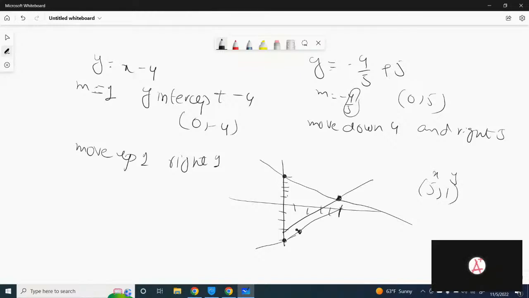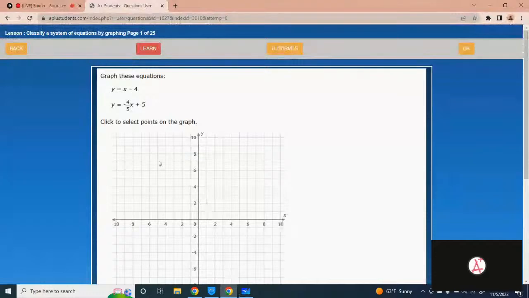Got it? So the solution is x is 5, y is 1. So the two lines intersect at one point. That means the system is consistent and independent. Got it? Just select the correct option and click on the OK button.